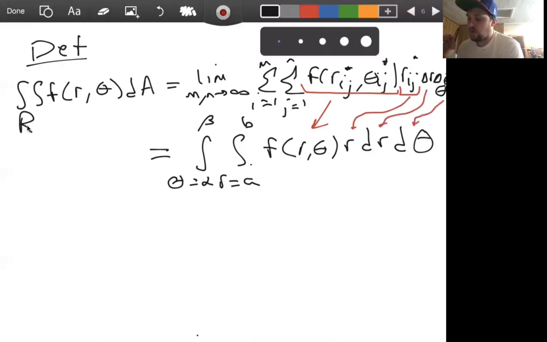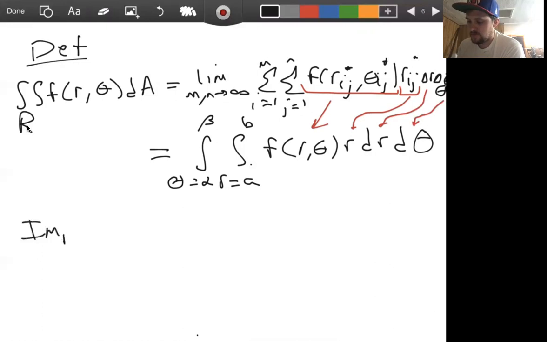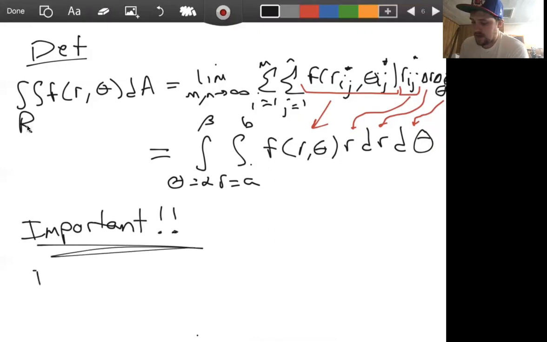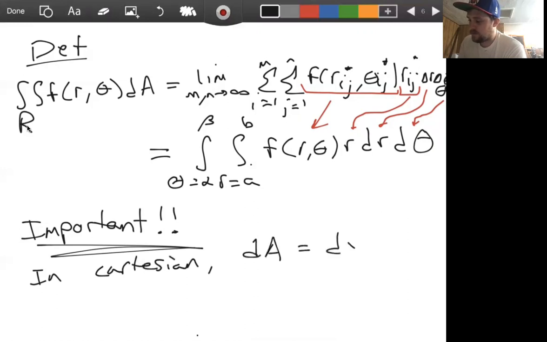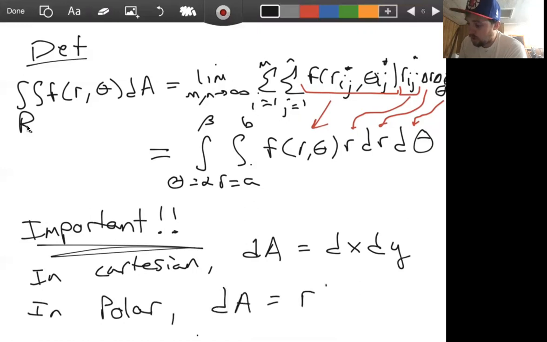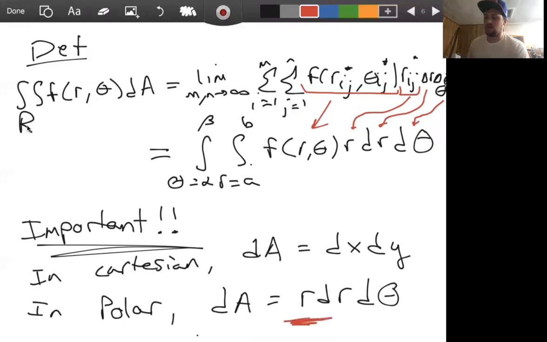And so what's really important here is that in Cartesian, dA is equal to dx dy, but in polar, dA is equal to r dr d theta. It's not just dr d theta.